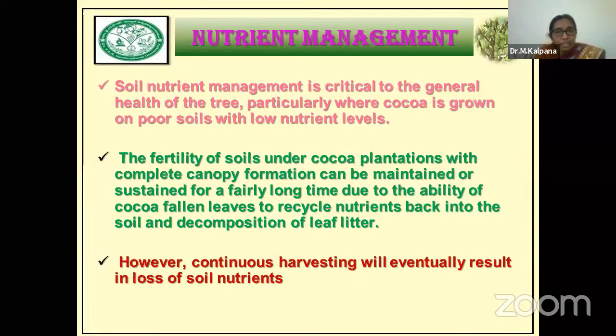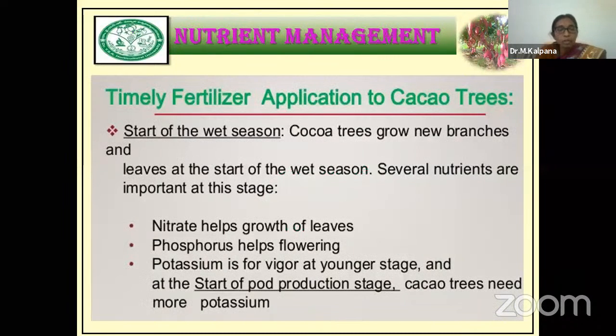So there is no need of supplementation of nutrients, but because of the continuous harvest, there is a nutrient loss from the soil. So we have to provide good nutrition management to the crop. The timely fertilizer application will start during the wet season, that is, during the monsoon season.